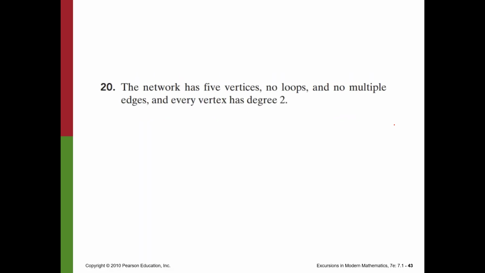Okay. The network has 5 vertices, no loops, and no multiple edges, and every vertex has degree 2, right? So the degree of every vertex is even. And earlier we saw that if the degrees of all your vertices were even, you had an Euler circuit. And if you have an Euler circuit, then you have a circuit.